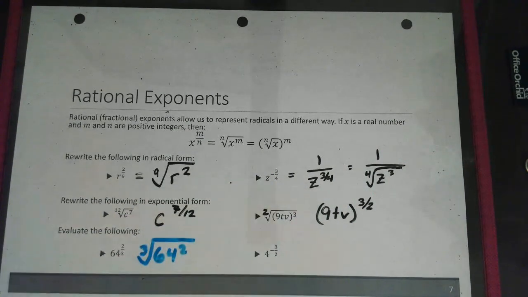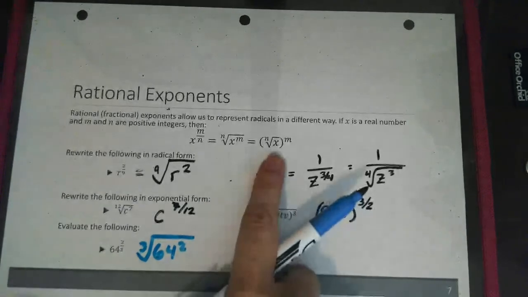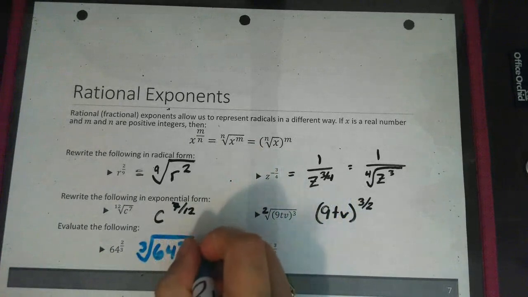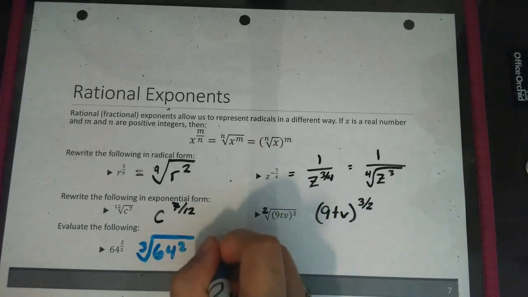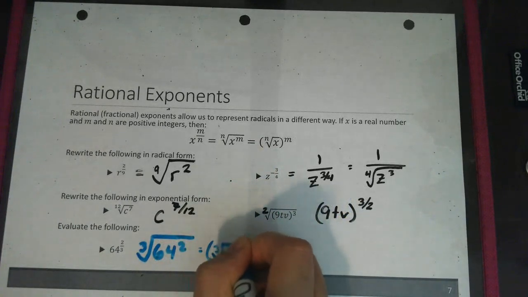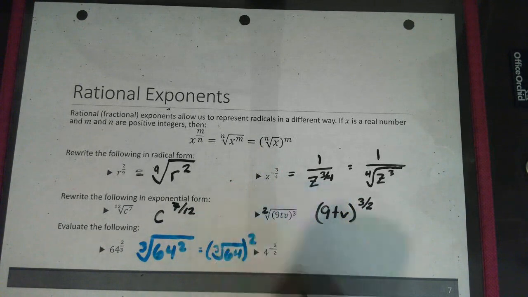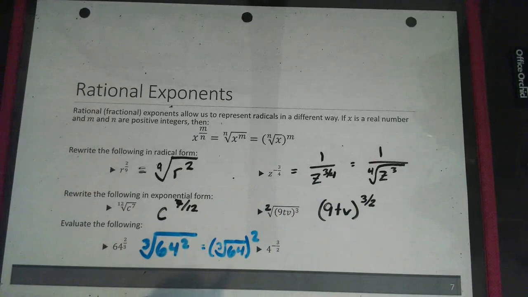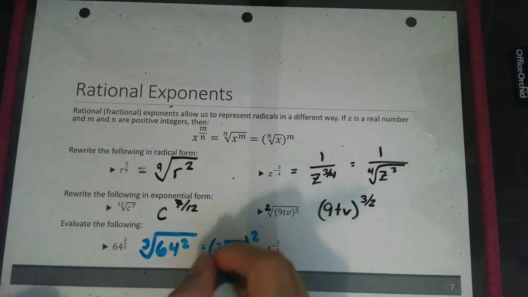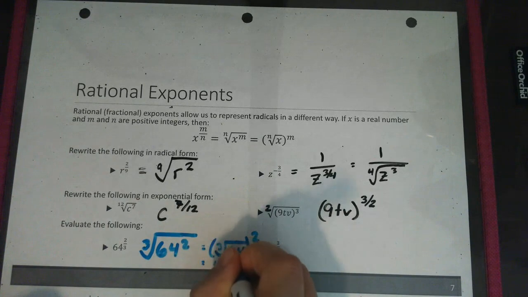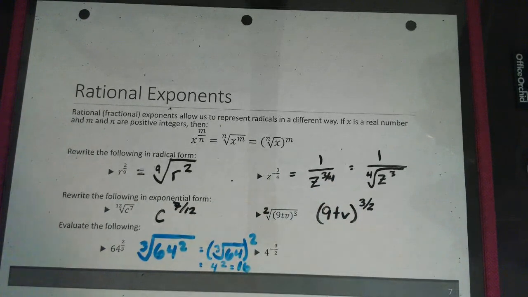Now I don't know what 64 squared is off the top of my head, but if I use this last little form, I could write it as the cube root of 64, and whatever that is, square it. I know that the cube root of 64 is 4, because 4 times 4 times 4 is 64. So what this simplifies to is 4 squared, which is 16. So that's a way I can do this in my head, by simplifying the parts that I do know.